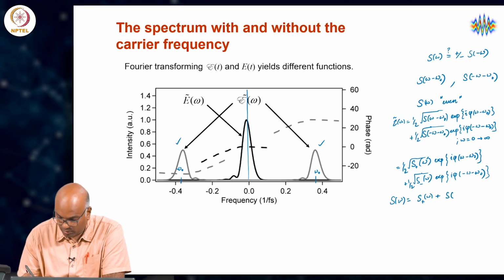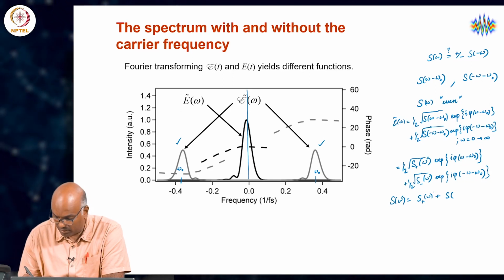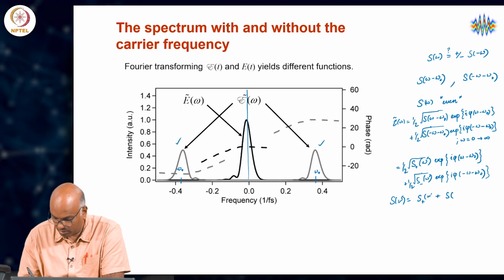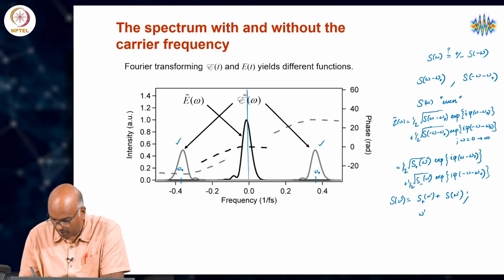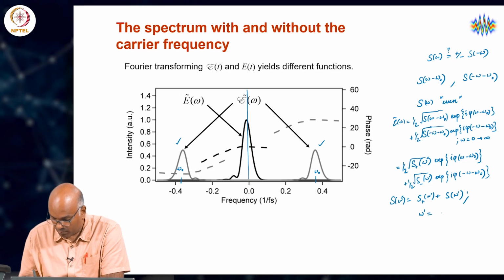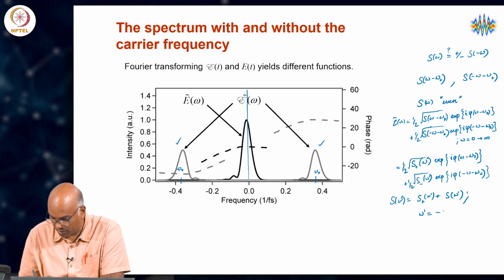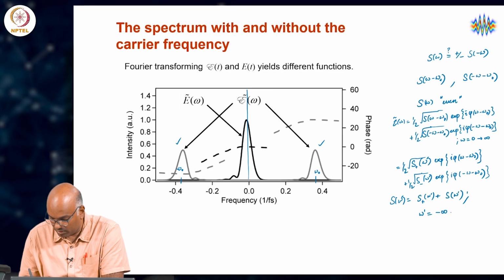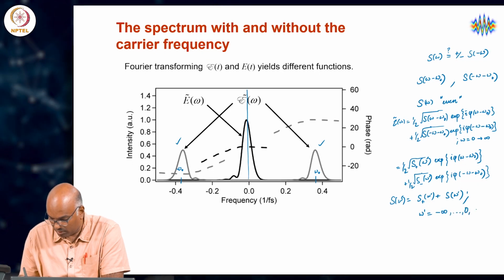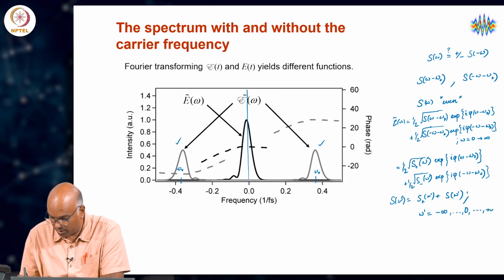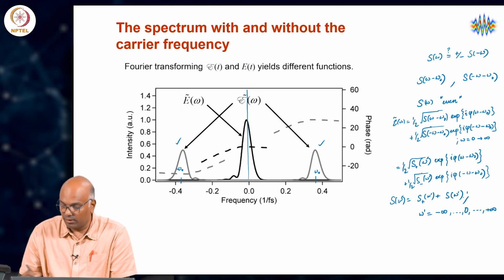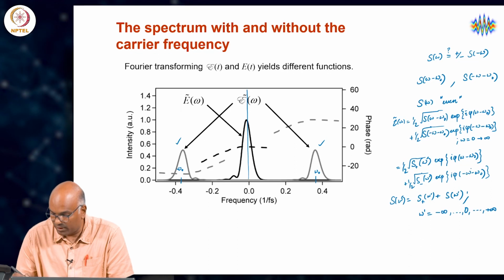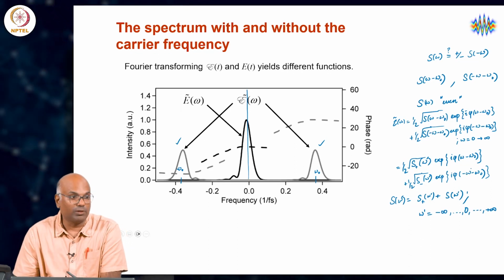I have to call this an omega prime, I'll tell you why, where omega prime would then go from minus infinity through 0 to plus infinity, because in this representation omegas are allowed to take only positive values.